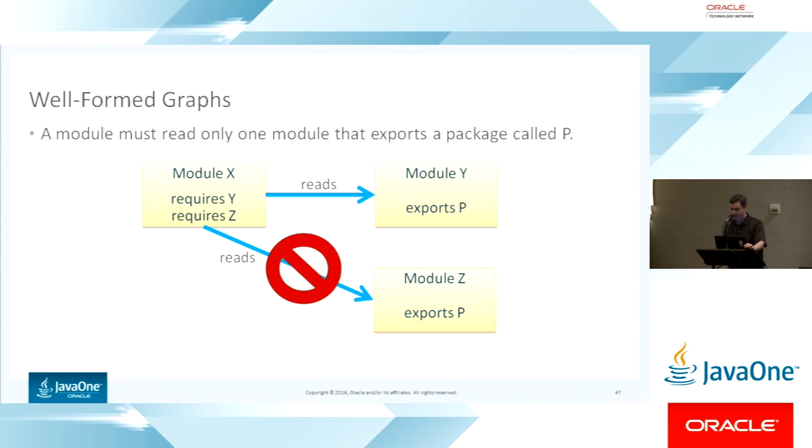Now, you might be wondering if it's possible for X to read version 1 of Y, while at the same time another module reads version 2 of Y. After all, X and the other module would each read only one module exporting P. The answer is that it's not possible because it can only work safely in certain scenarios, and outside those scenarios it's not clear that supporting it out of the box, which is to say in the Java launcher, the one that creates the class loaders, is worthwhile. But you can all ask your questions about that in 10 minutes' time.